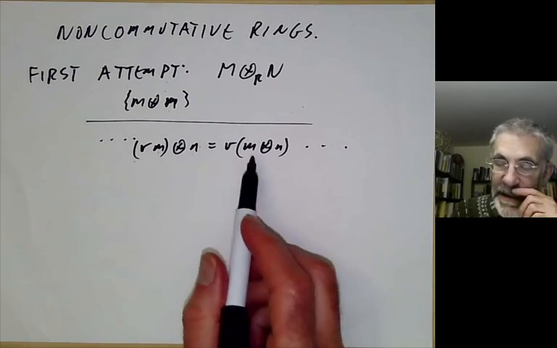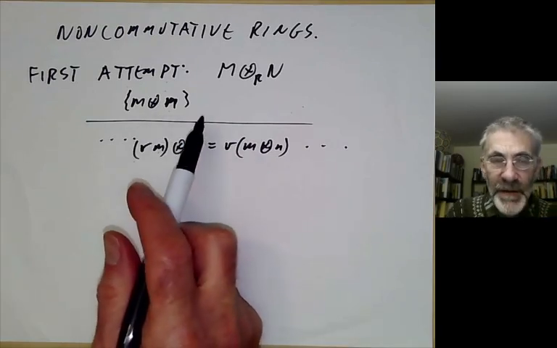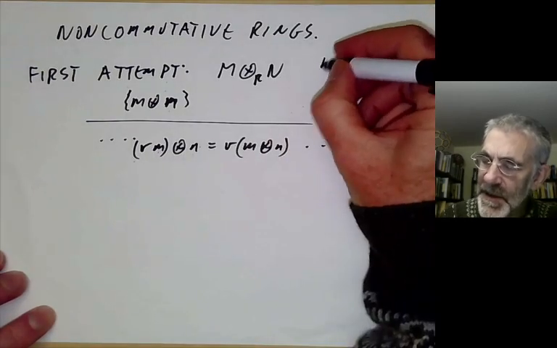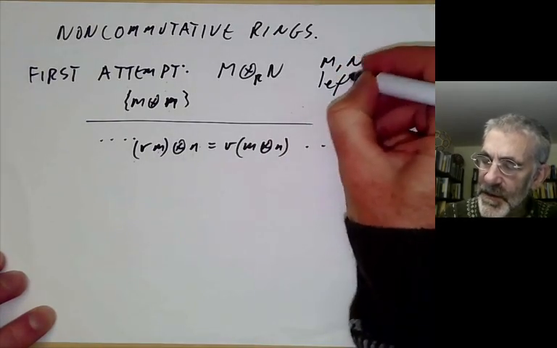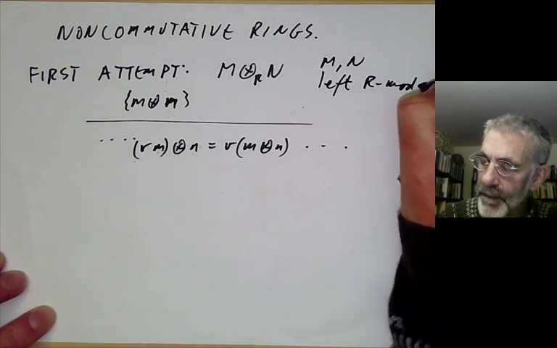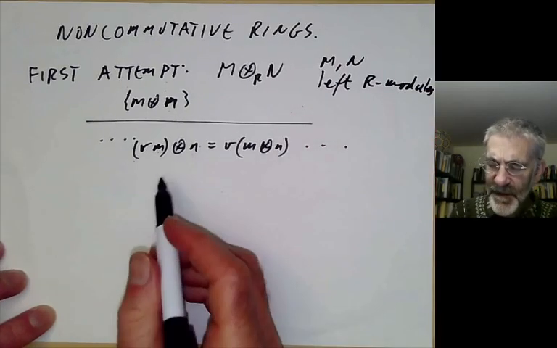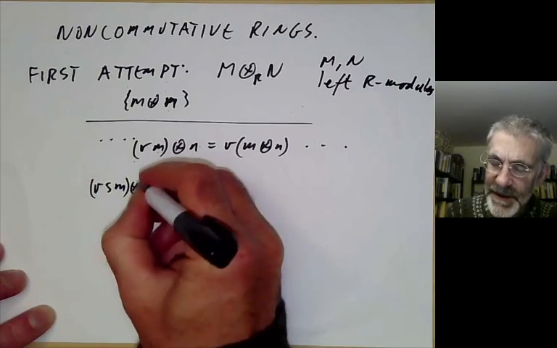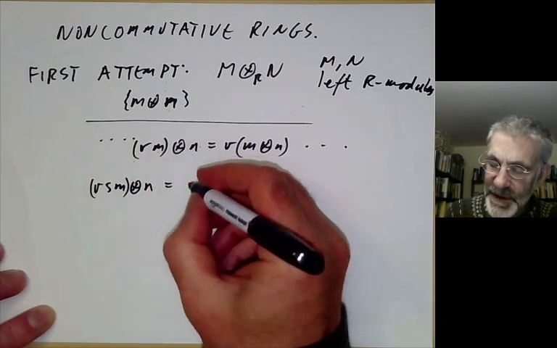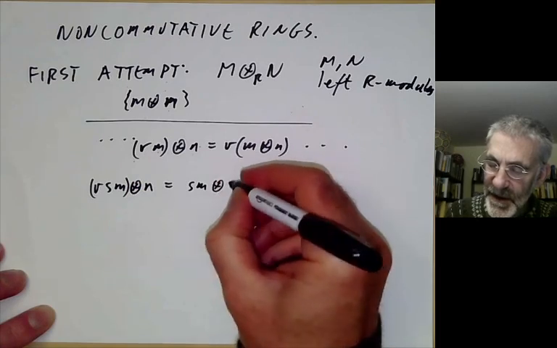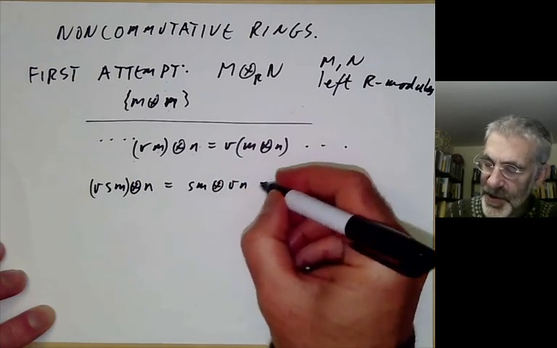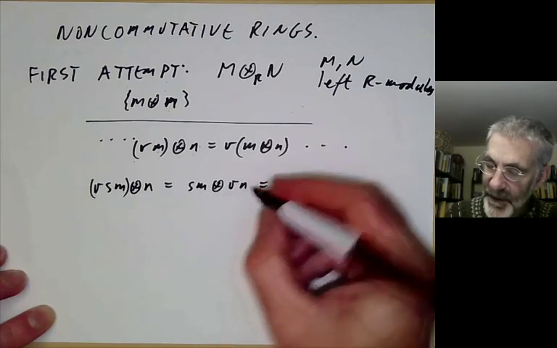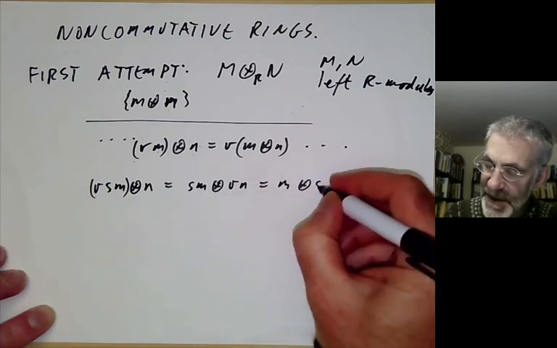And the trouble is, if the ring is non-commutative, we run into unpleasant problems here. So suppose we take M and N to be left R modules. And then we have the following problem, because we have rsm tensor n should be equal to sm tensor rn, and this should be equal to m tensor srn.